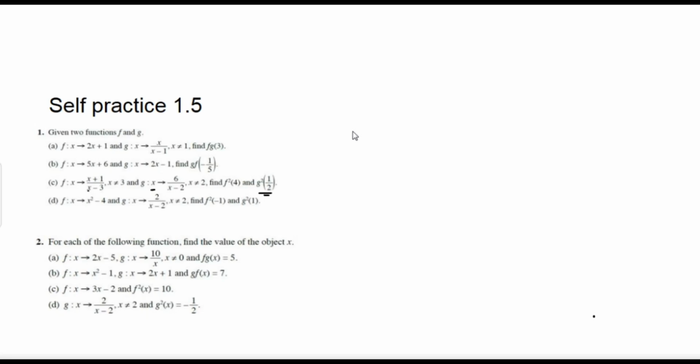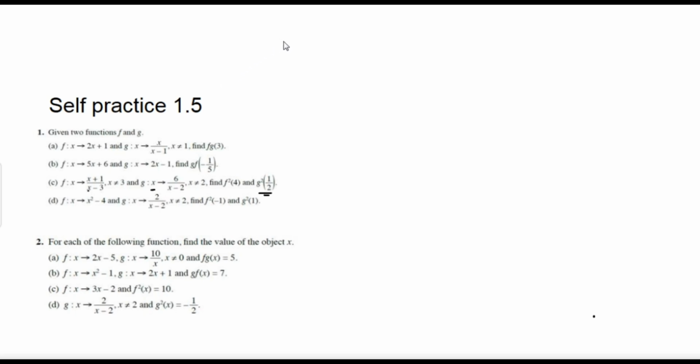Do you face any difficulty in solving self-practice 1.5 in Form 4 additional mathematics? Before we solve these problems, let us do a simple analysis on them.